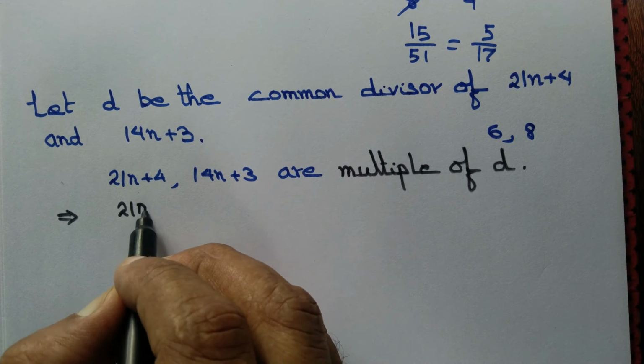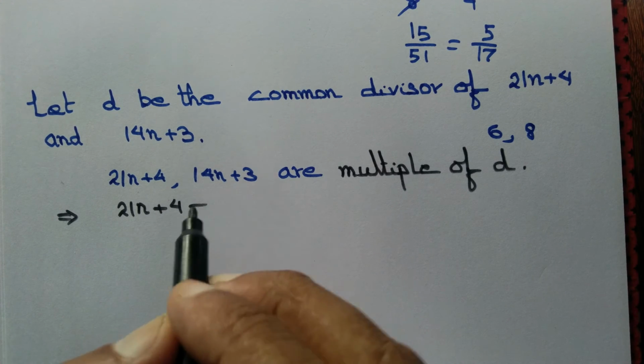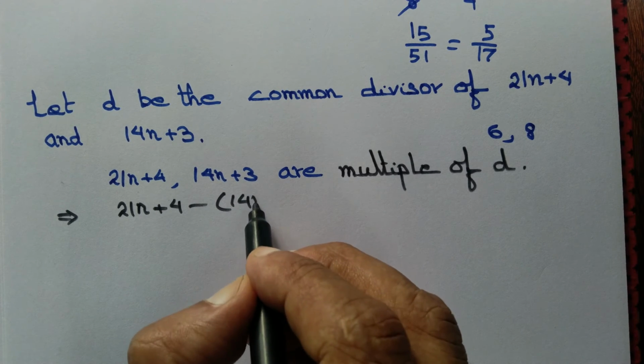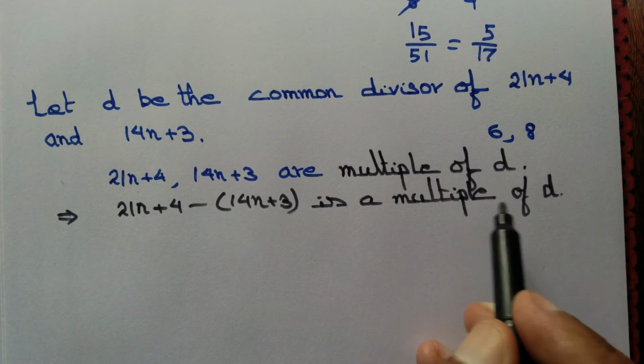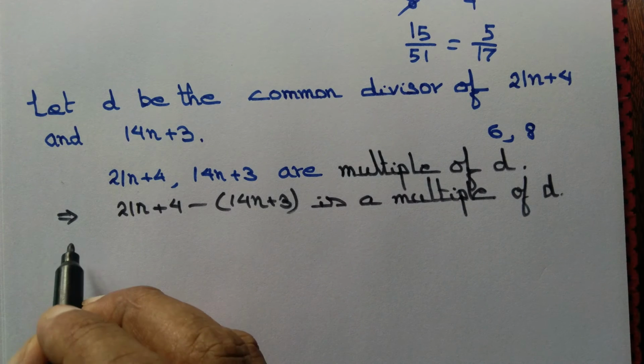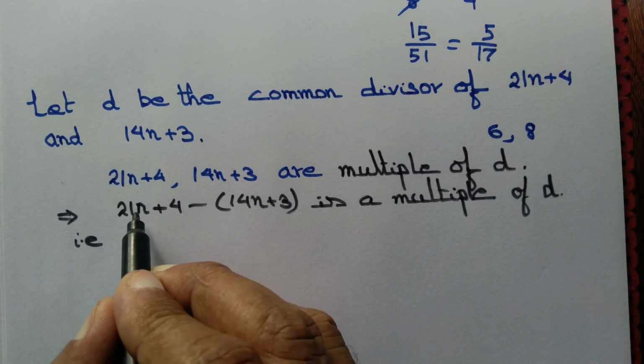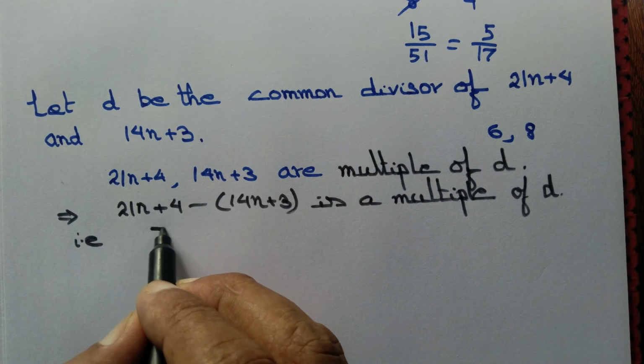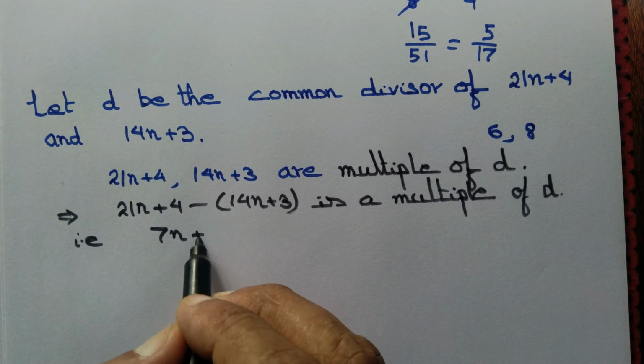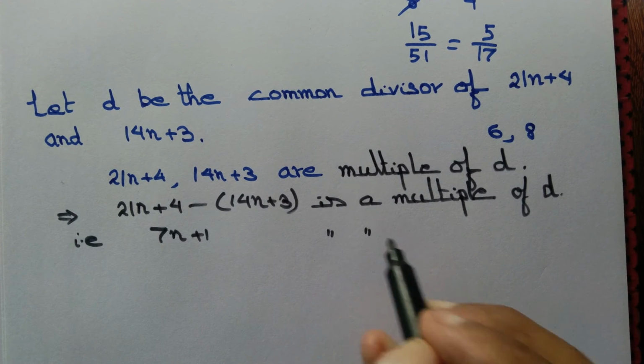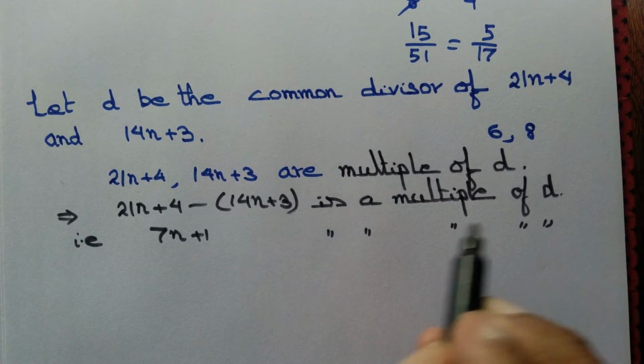This implies (21n + 4) minus (14n + 3) is a multiple of d. That is, 21 minus 14 is 7, so 7n + 1 is a multiple of d.